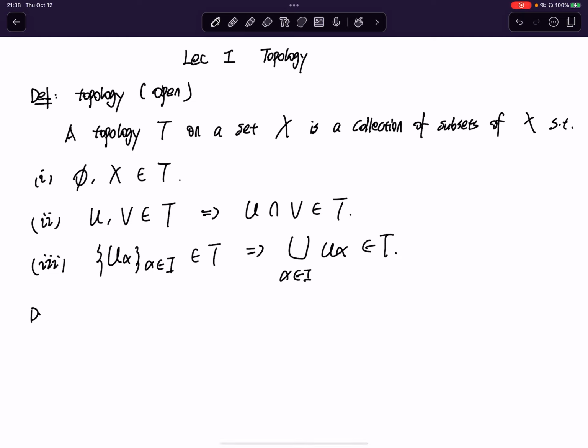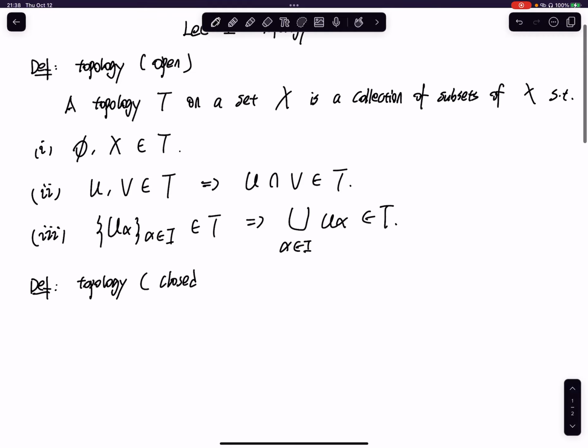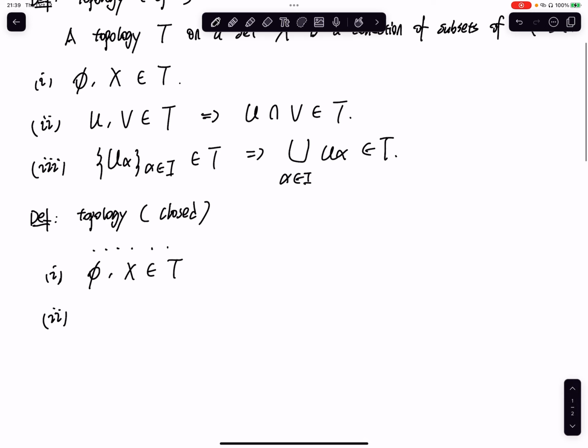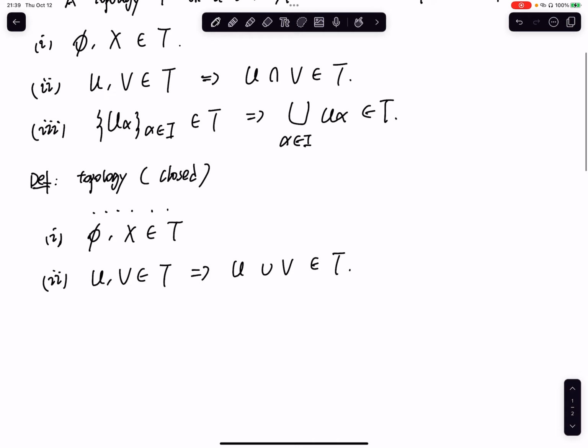And in some other literature, we may see another definition for topology, using instead the closed sets. So if we use closed sets to define a topology, we keep everything unchanged except the last two conditions. So we make the first condition unchanged, and the second condition becomes: for U and V in T, their closed sets, we have U union V also in T. That is, a finite union of closed sets is still closed.